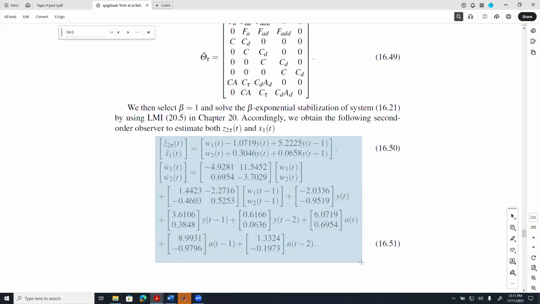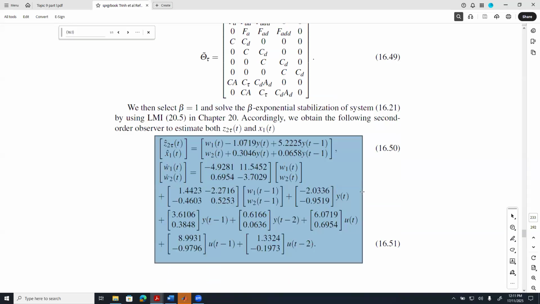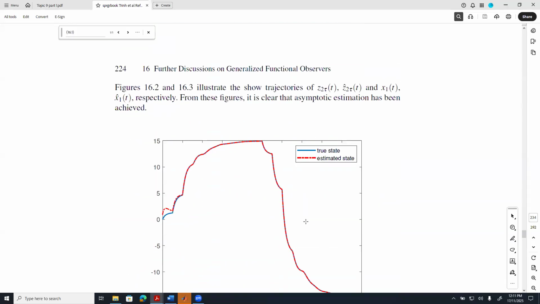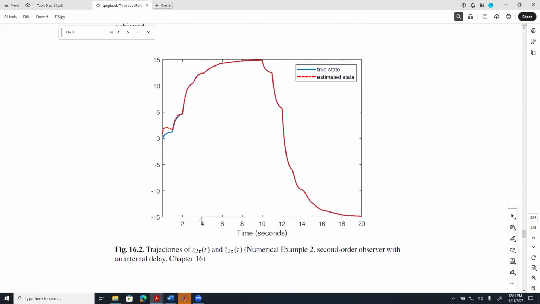Okay. So this is the case with an internal delay. And the simulation also shows that we can estimate the state variable asymptotically. Okay.